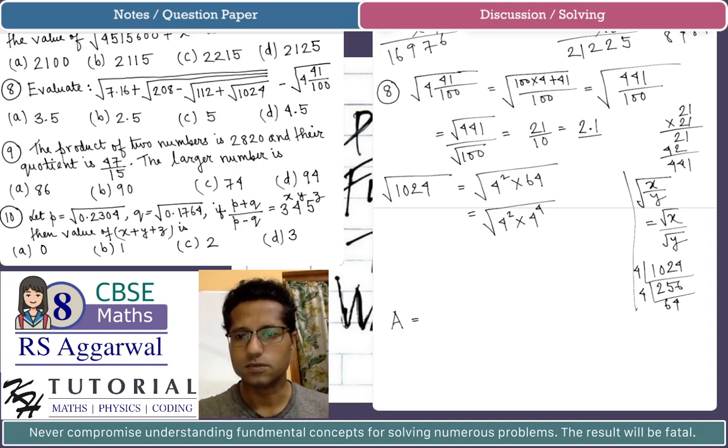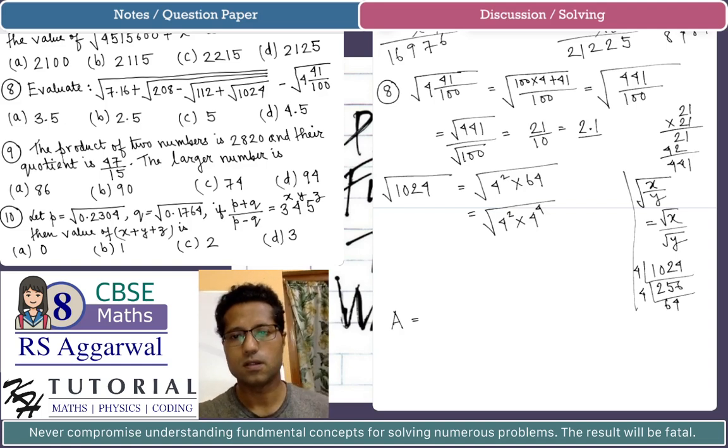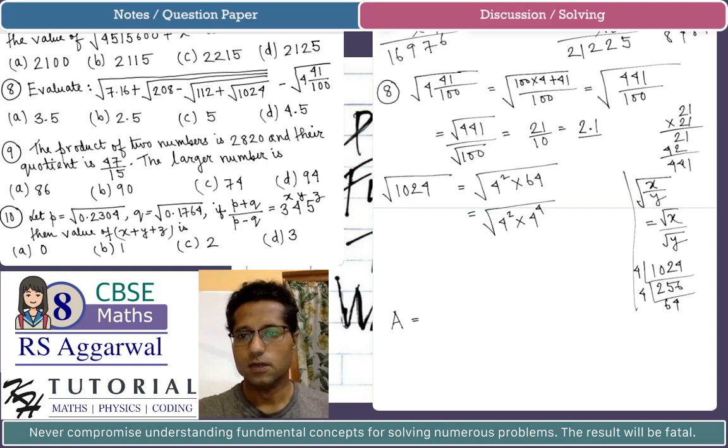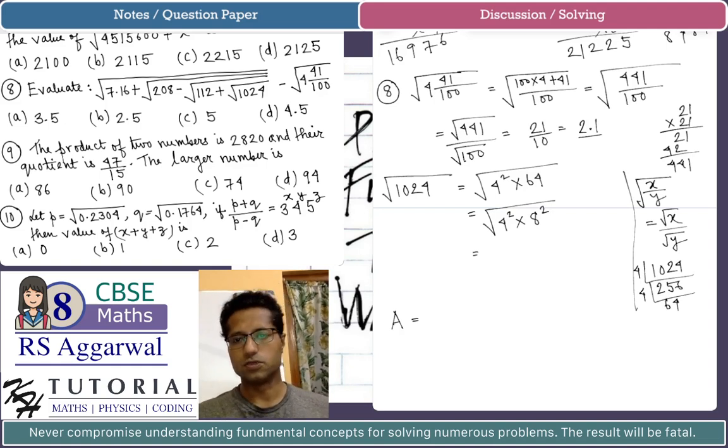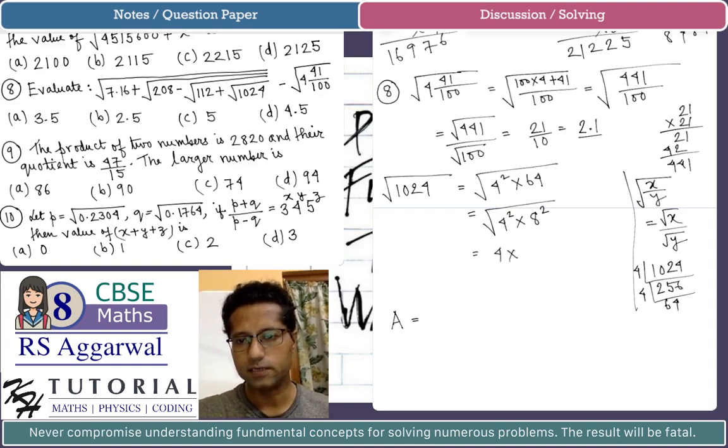Sorry, 64 is 8 square. So the square root of 4 square multiplied by 8 square is nothing but 4 into 8, which is 32.